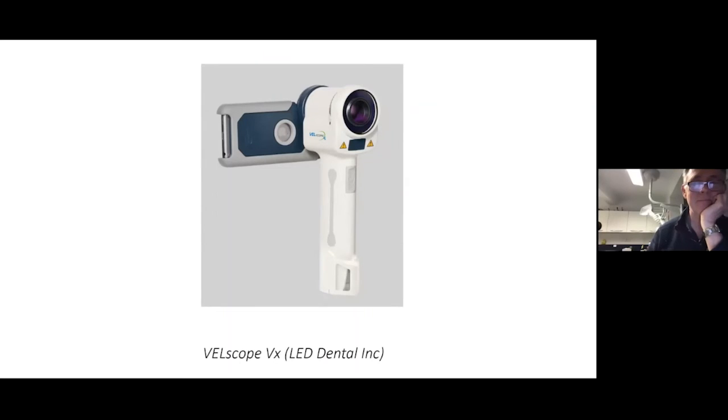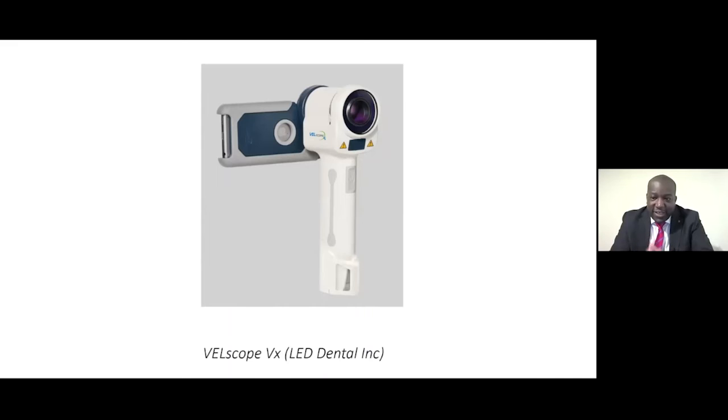Okay. So Velscope stands for a visually enhanced lesion scope, and that was really the first autofluorescence device made available in dentistry. The latest model is shown here, the Velscope VX.